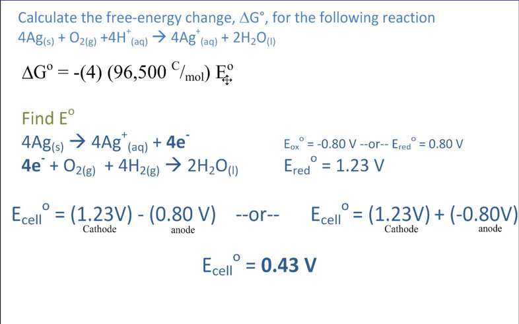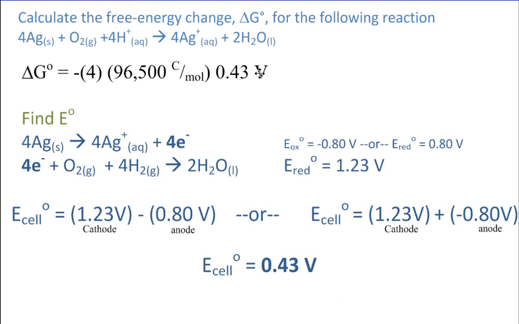So I'm going to plug that into my Gibbs free energy. And now I've got an equation that looks like this. And then it's just simply plug and chug. Except my units are a little off. If I just multiplied this out, I would end up with coulomb volts per mole. But you got to remember back. You might need to take a flashback, or you might need to look back at the previous video.